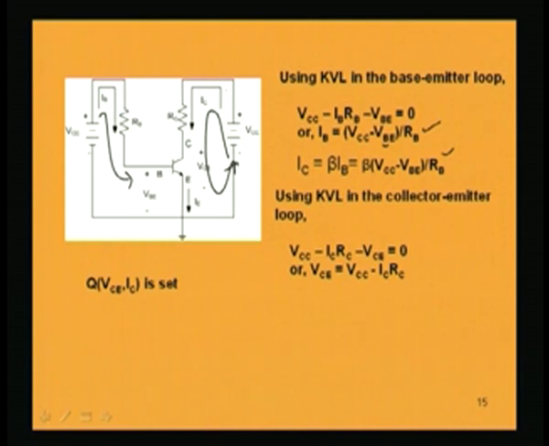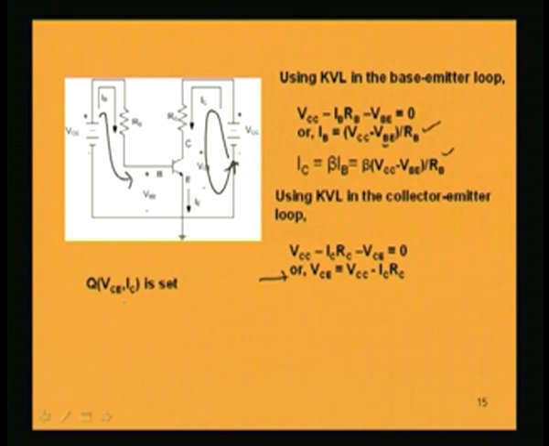I must start from the same point and end at the same point, that is a loop. So, from here I get VCE equal to VCC minus IC RC. This IC I have already calculated from this expression. So, now I know the value of VCE, I know the value of IC, and I have now fixed my operating point Q.